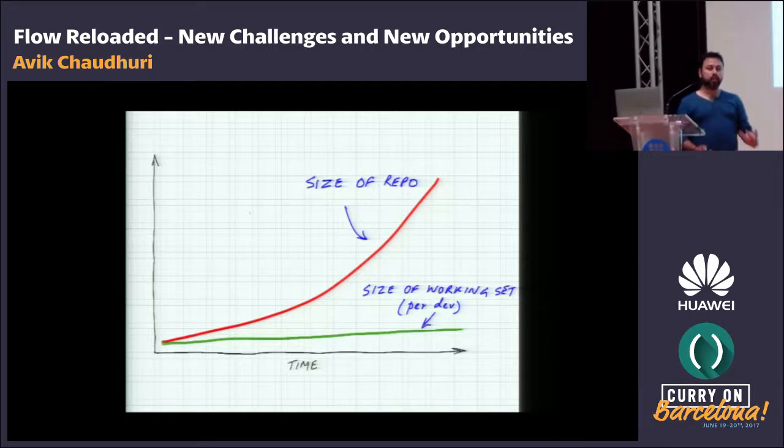Even though we hire a bunch of people and they might be working on different products, and even though we might be using a monorepo with all of their projects in one repository, typically the number of files that a particular developer might be touching in any given week is not that large. Even if you count all of their dependencies and dependents, it's not a large number. So we want to scale with that rate. Otherwise, the productivity of each individual engineer is going to halve every year or so, which is not good.